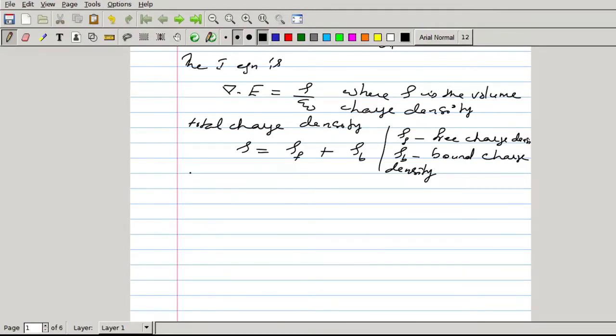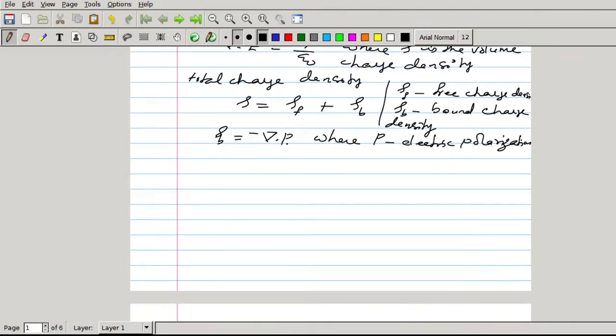The bound charge density is given by rho B equal to minus del dot P, where P is electric polarization. So we can write the first Maxwell's equation as del dot E is equal to rho by epsilon 0.